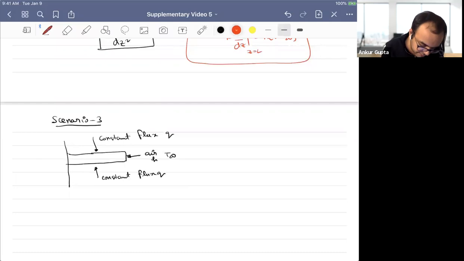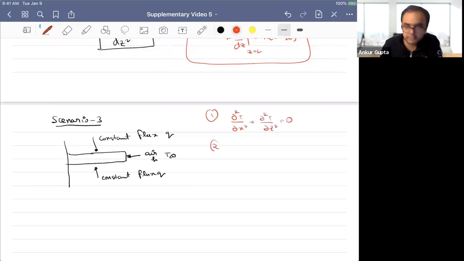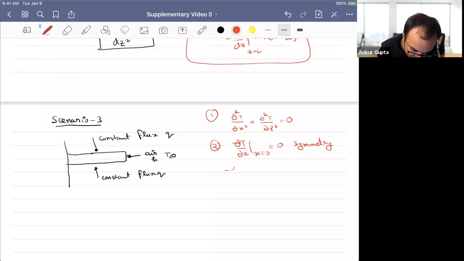Now again, the first step would be the same: del²T by del x² plus del²T by del z² is equal to 0. But my boundary conditions will be slightly different. We have del T by del x at x equal to 0 is 0, symmetry again. The second boundary condition is minus k del T by del x at x equal to W is Q, which is the constant flux given to us.